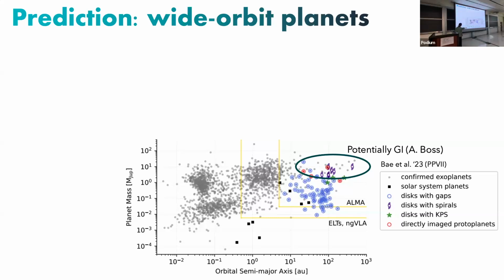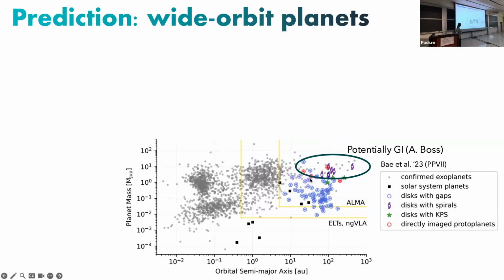In here, there is a bunch of colored points. These are theoretically inferred locations and masses of the planets, as inferred from substructures that we find in protoplanetary disks. There are red points over here that are labeled as directly imaged protoplanets. You see 4 of them.